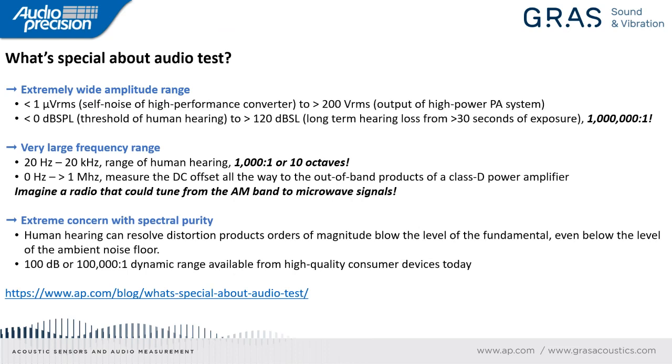So let's start by talking about what's special about audio test. One of the things that I see quite a bit is, generally speaking, we're talking about measuring an AC signal with a bandwidth less than 20 kilohertz.